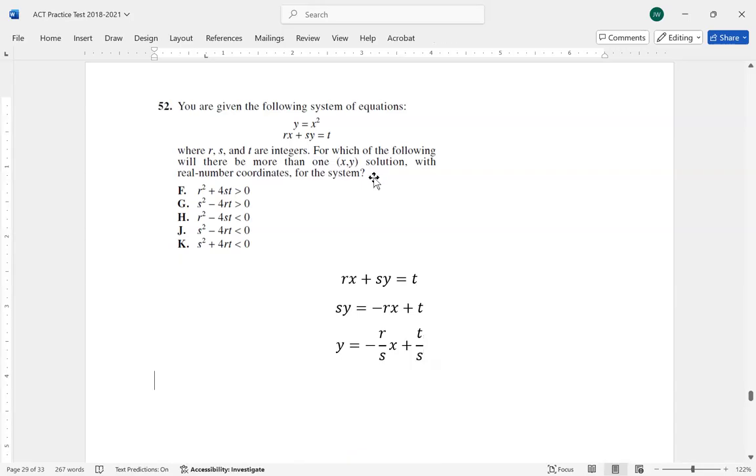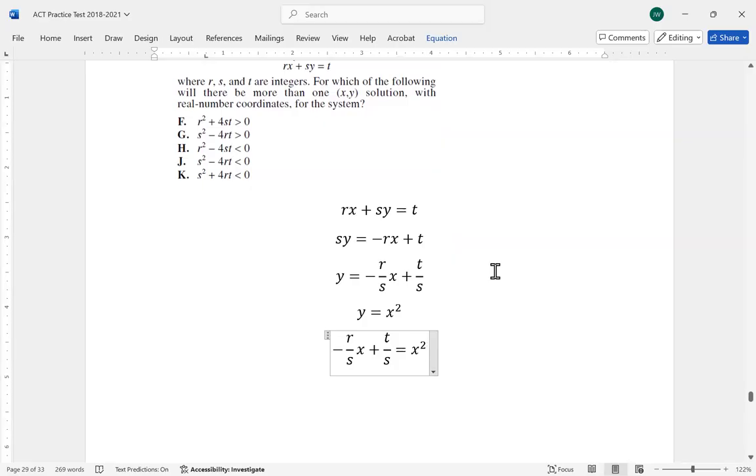Now what I can do is take the equation Y equals X squared and replace that Y with the negative R over S times X plus T over S, and set that equal to X squared. So that's what I would do. First off, I'll get all of the terms on one side and 0 on the other.